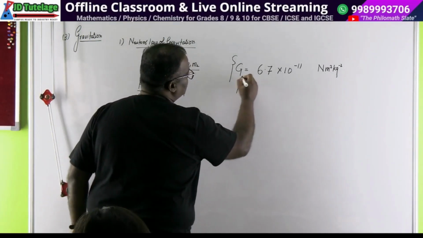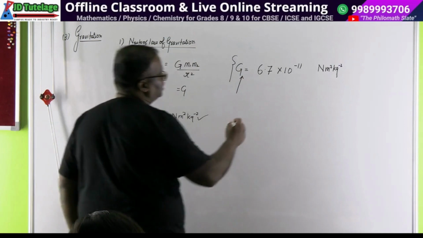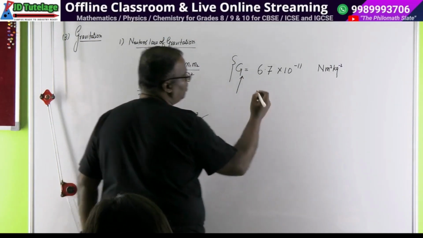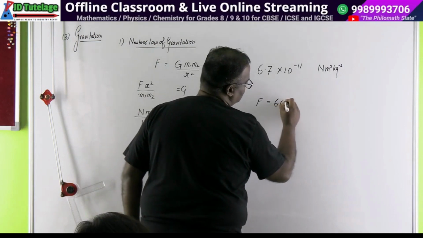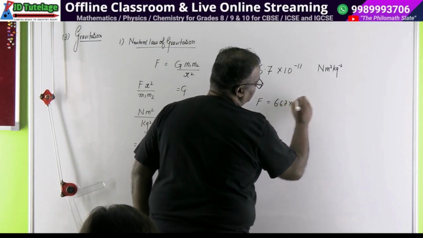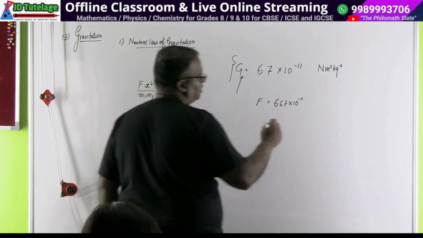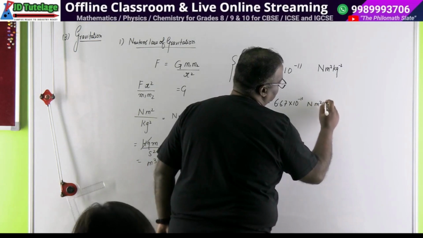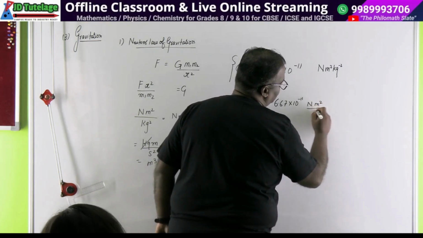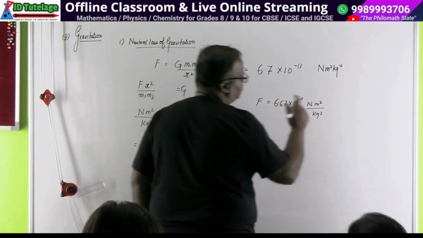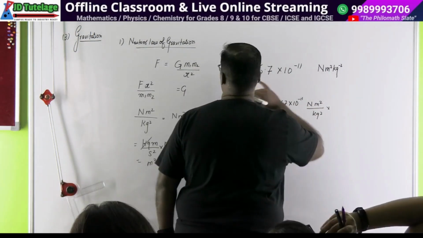Now how do we define this G? We should also be able to define G. F is equal to, put the value of G, 6.67 into 10 to the power -11, right? And let's put its unit Newton meter square divided by kg square. Just see the beauty of physics here, G m1 m2.